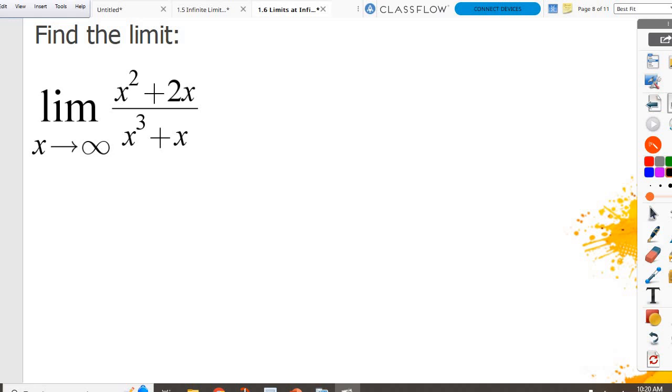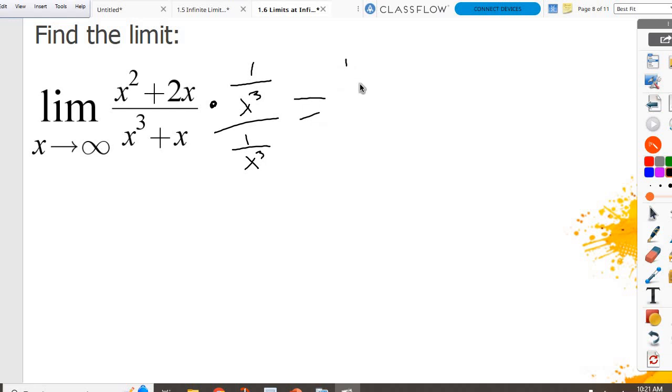However, if I have a polynomial divided by a polynomial, we can still do the technique that I just showed you. What would we be multiplying by this time, though? We want to multiply by 1 over the biggest degree of the bottom, which is what this time? 3. So it would be x cubed to the top, and 1 over x cubed to the bottom. We're all okay with that?